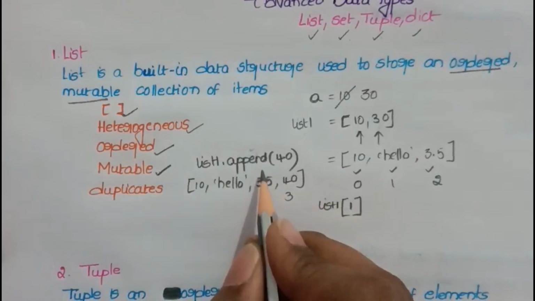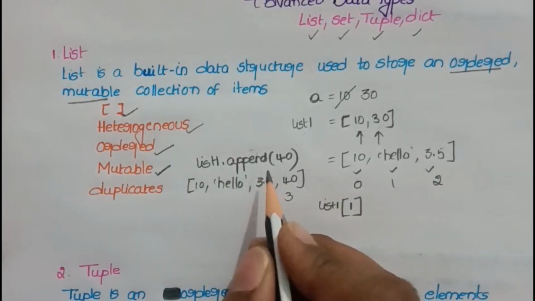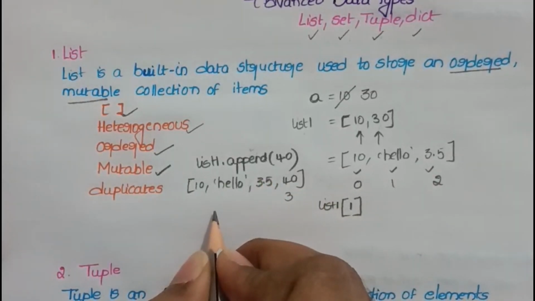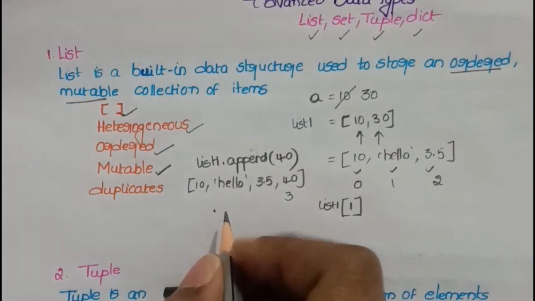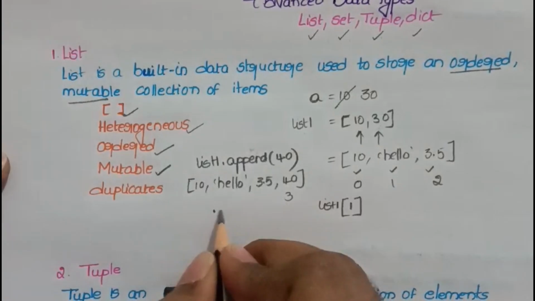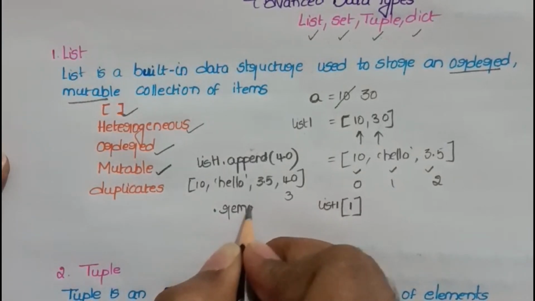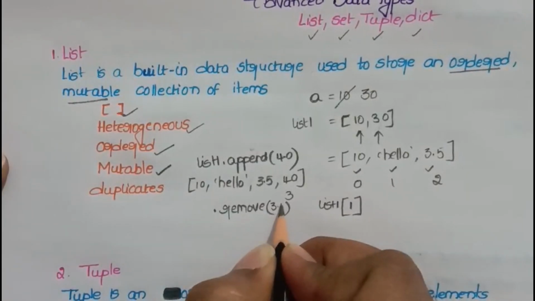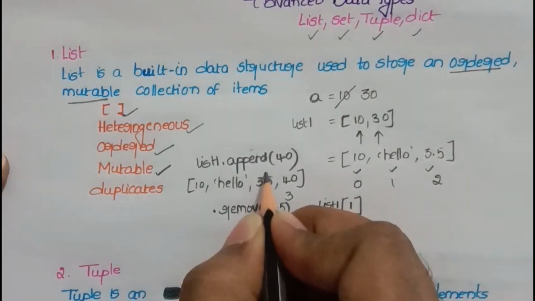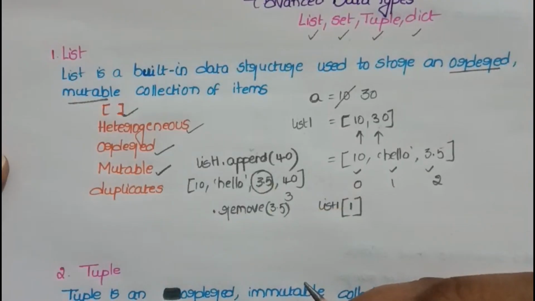Since we are capable of adding, you can also remove elements using the remove function. If you specify 3.5 here, it will remove the 3.5 element from this list.